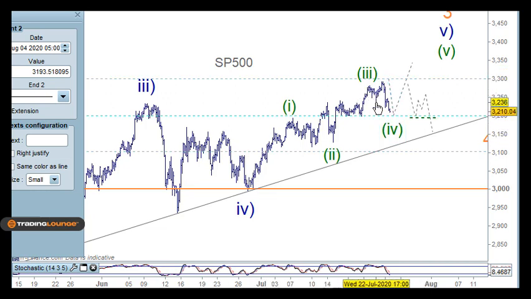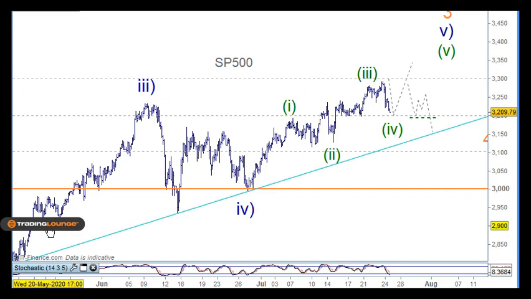So if I've got the expanded flat correction wrong, then we just need to be on the short side, that's all. Okay, so we're going to take a look at that little leg down through here in a moment.